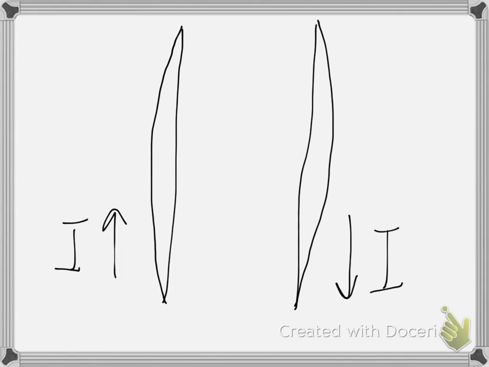Alright, so now that we have a sense of how we can create magnetic fields other than with magnets: if a magnetic field affects wires, or if current can generate magnetic fields, do magnetic fields also affect individual charges?